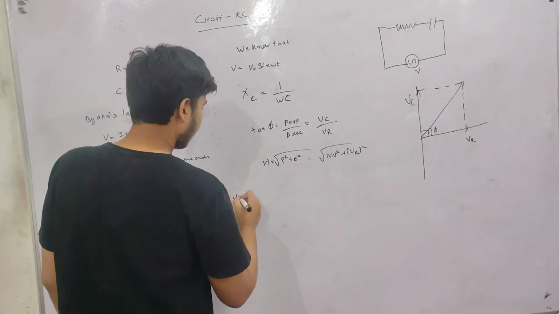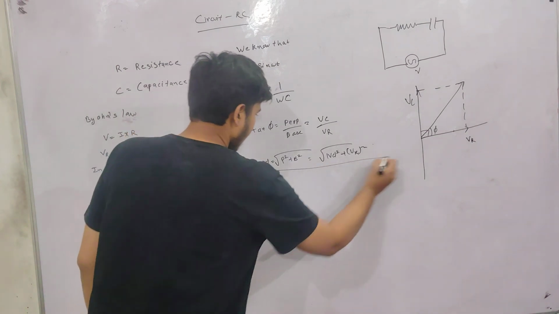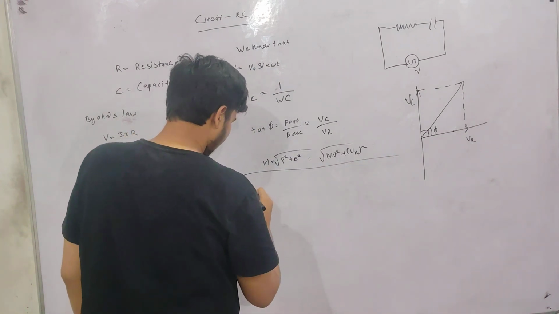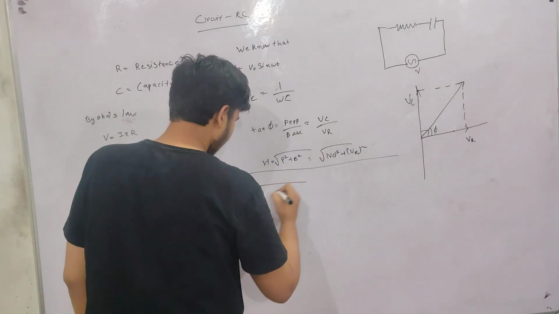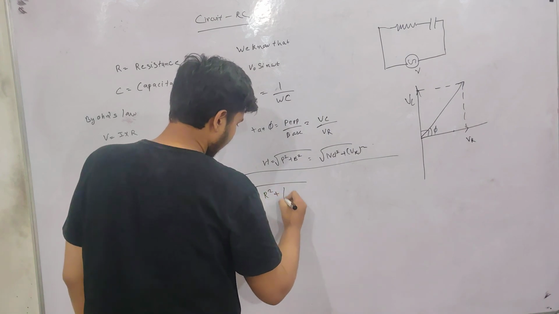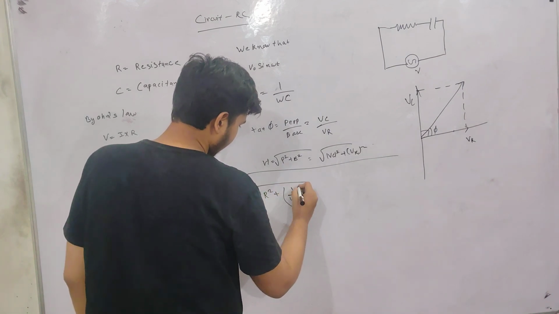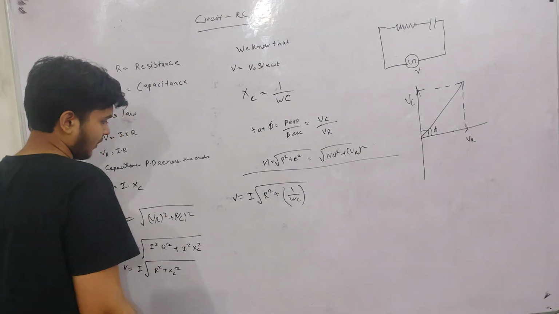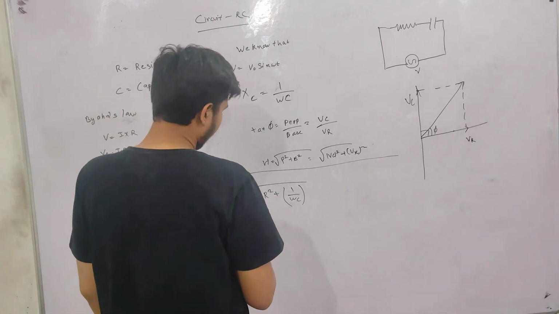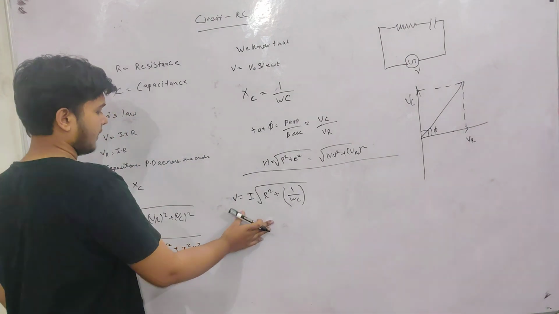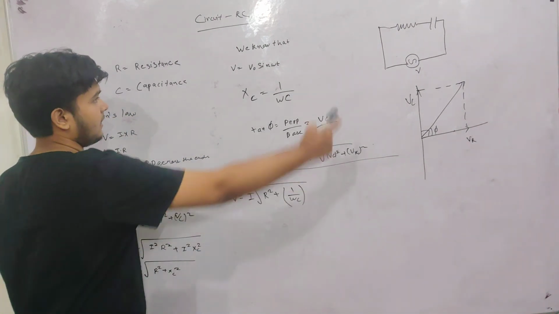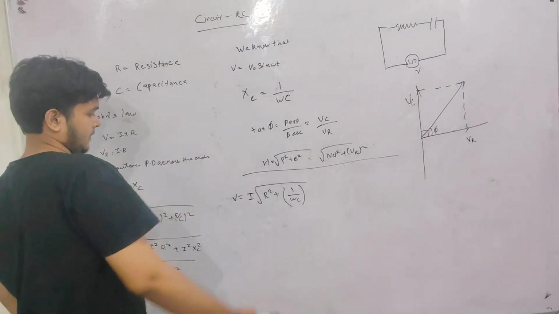Now we will get the resultant vector as V equals I times the under root of R square plus XC square, and we can also write XC as 1 by omega C. This is the value of the resultant voltage in an RC circuit.